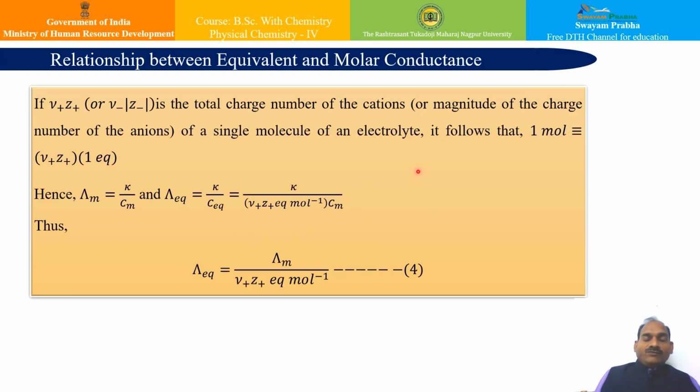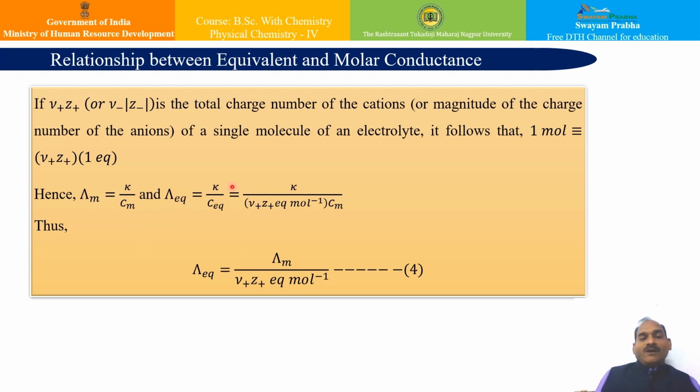Okay, we can derive the relationship between the equivalent and molar conductance. If the total charge number of cations, or the magnitude of charge number of anions, of a single molecule of electrolyte is nu plus z plus, it follows that 1 mole is equivalent to nu plus z plus equivalents.